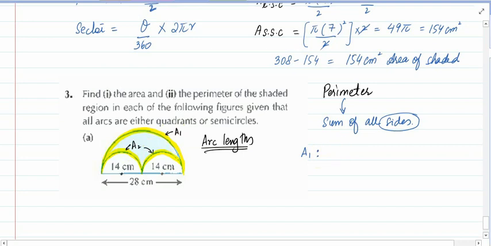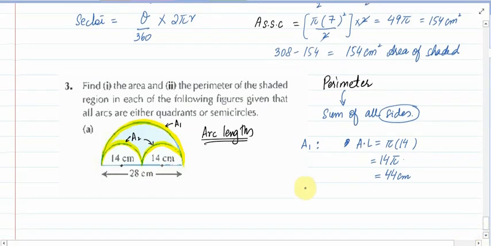So arc length of semicircle is pi r, and the value of r for the larger semicircle is not 28. 28 is the diameter, its half is 14, so it's 14 pi, which is 43.98, so it's 44 centimeter, right? That is the arc length of A1.